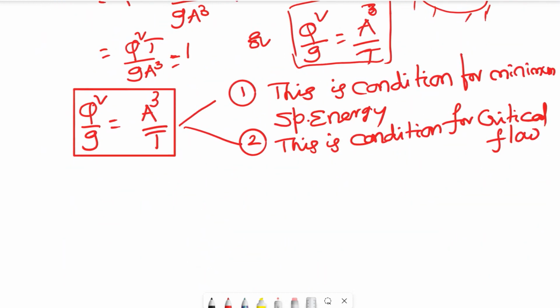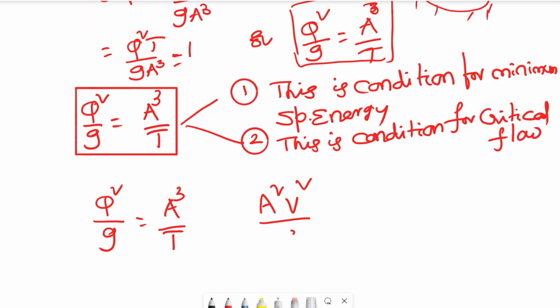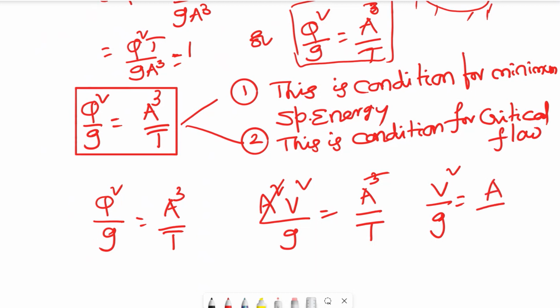How? You can ask me how, sir. So let me take it. For Q squared by g is equal to A cubed by T, I can write Q squared is equal to A squared V squared, so V squared by g is equal to A cubed by T. If I cancel A squared, then V squared by g is equal to A by T. What is A by T?